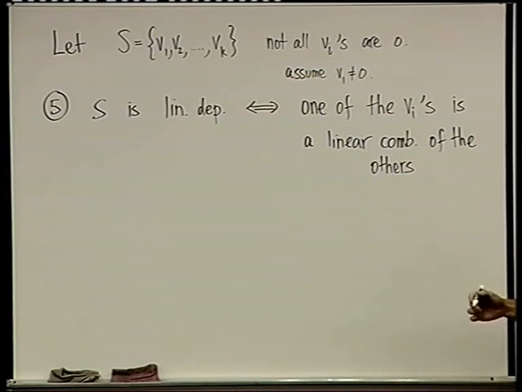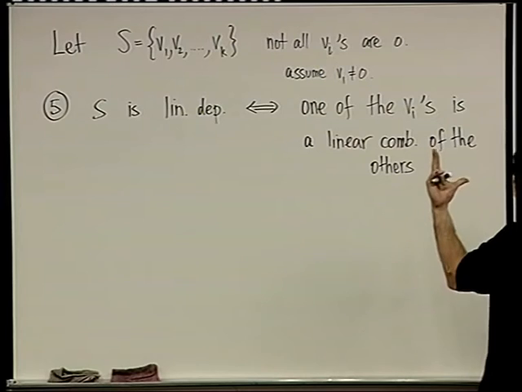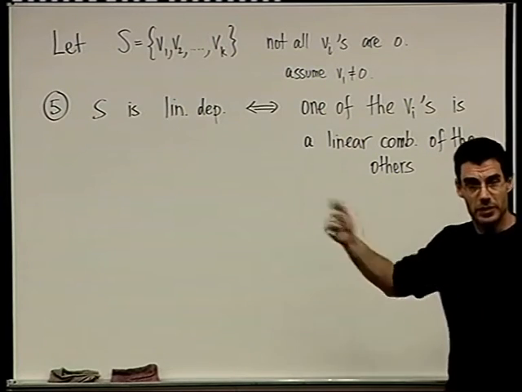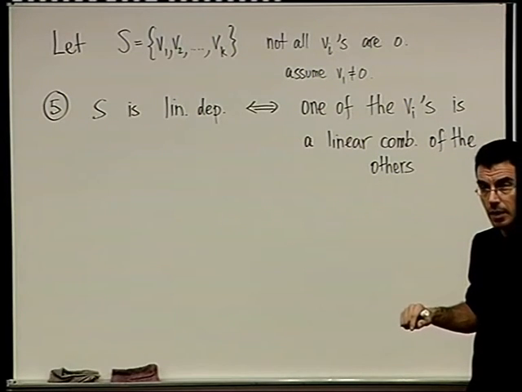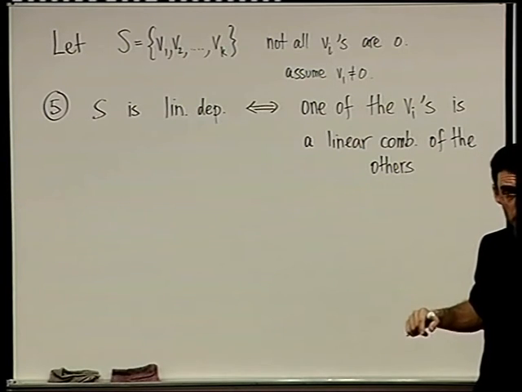This should already feel very intuitive to you. We know that being linearly dependent means that at least one is extra. We can write one as a linear combination of the others. But that's not the definition, right? The definition was slightly different, so this requires proof.